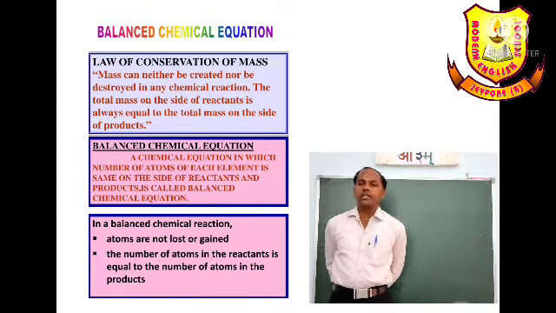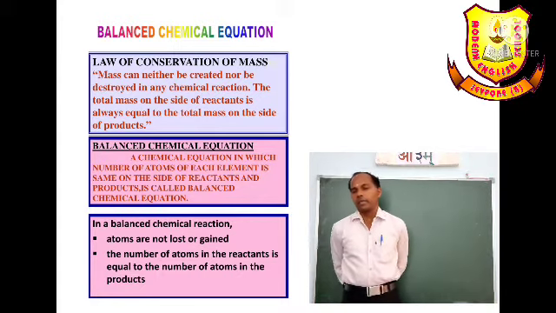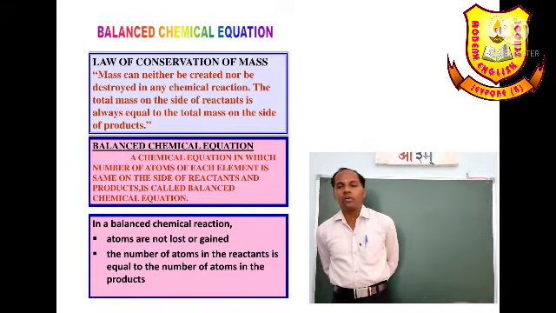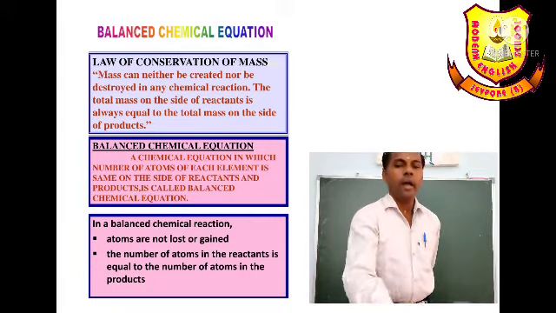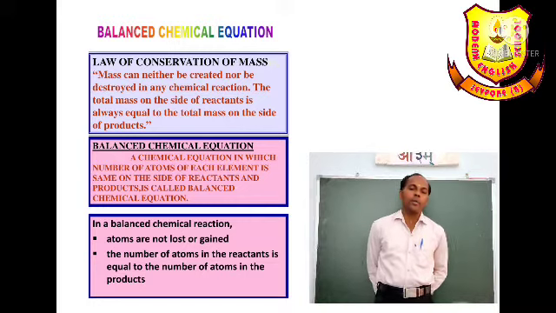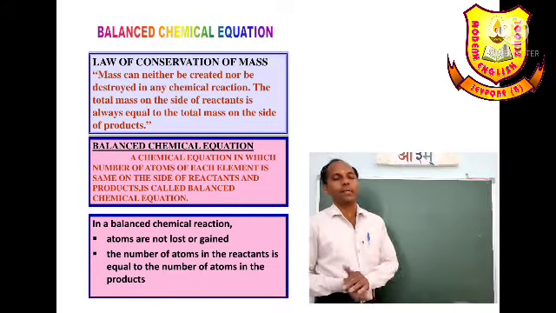The number of atoms of the elements towards the reactant side is equal to the number of atoms of the product towards the right hand side or product side. So in a balanced chemical reaction, atoms are not lost or gained, and the number of atoms in the reactants is equal to the number of atoms in the products.